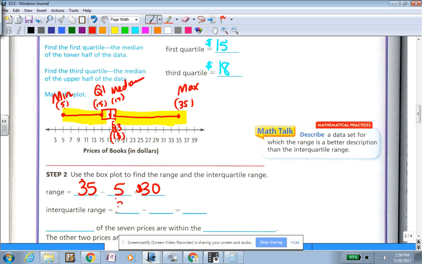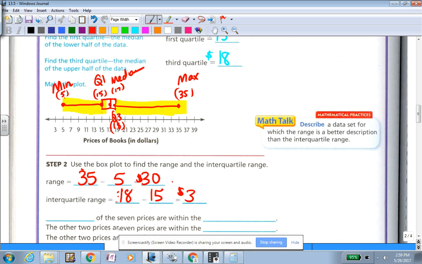Then we've got the interquartile range, which is just the difference of 18 and 15, which happens to be 3.